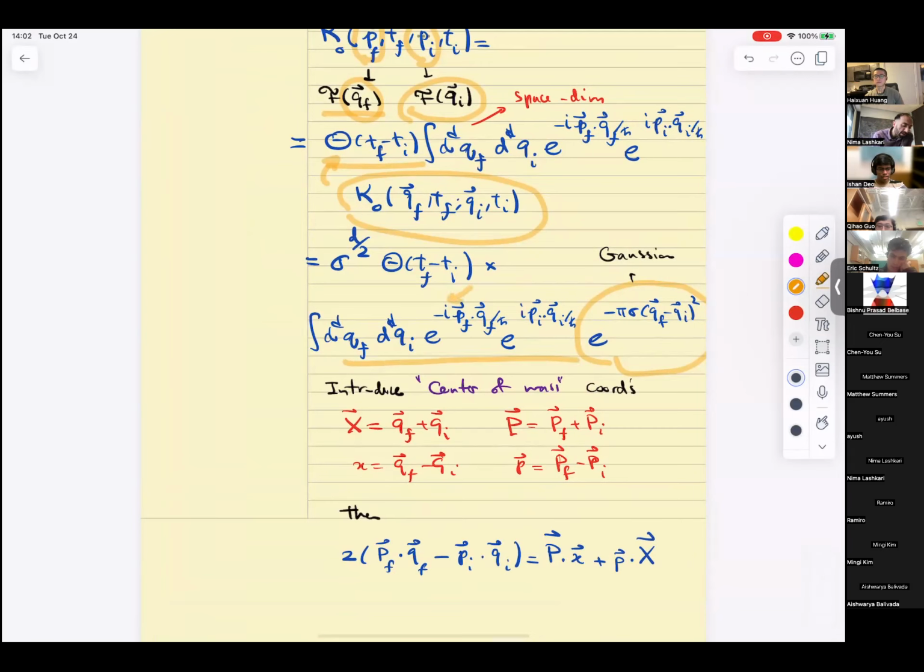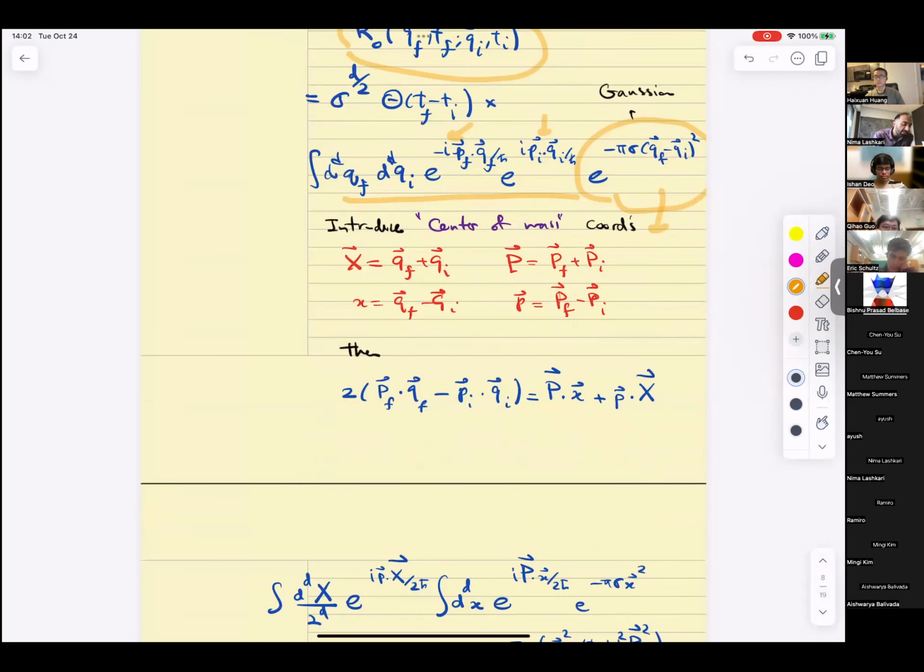This appears with a minus sign and no minus sign here because one of them is ket, the other one is bra. So to do this integral, you already know that the Fourier transform of a Gaussian is a Gaussian, right? So you should expect to get a Gaussian at the end.